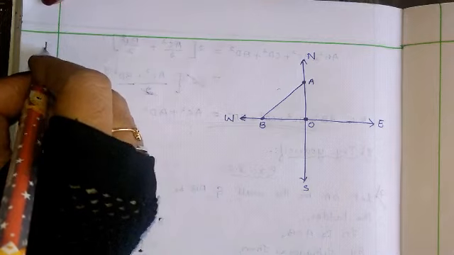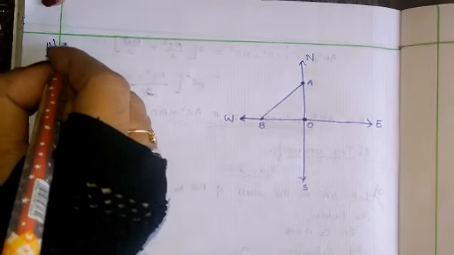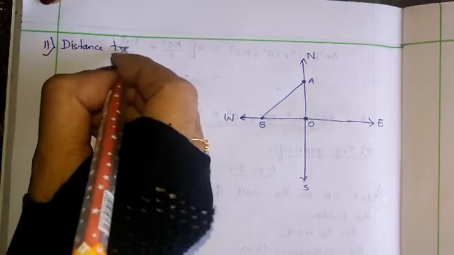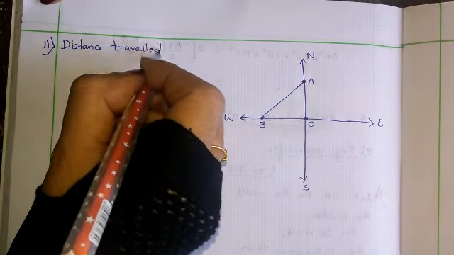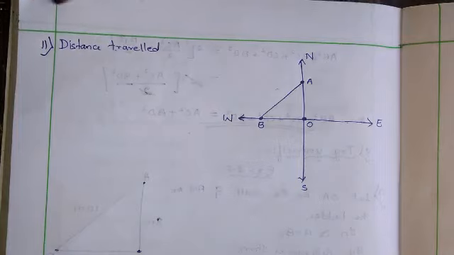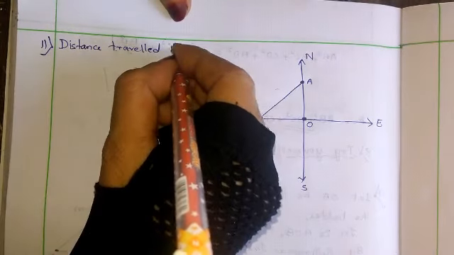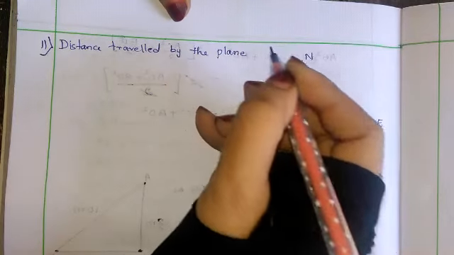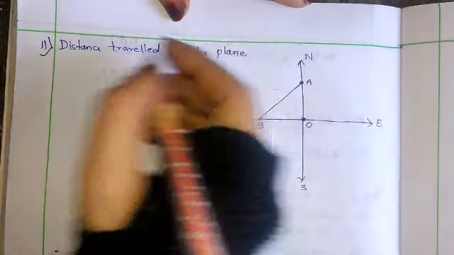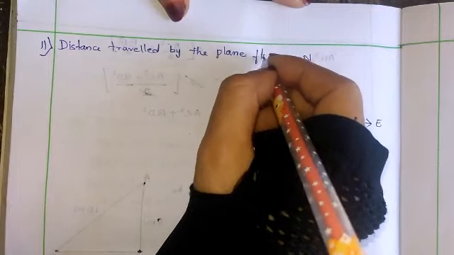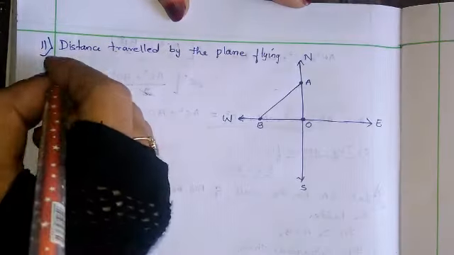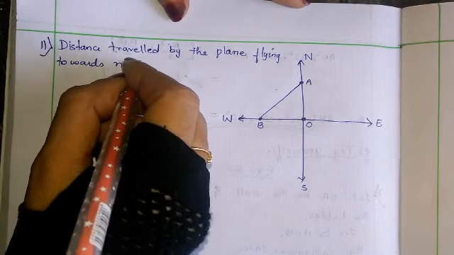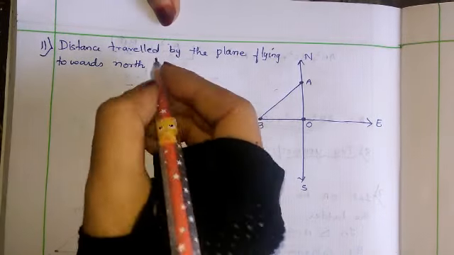Okay. Now question number 11. Distance traveled by, you have to carefully understand this, distance traveled by the plane, two planes are there, by the plane flying towards north, in 1.5 hours.